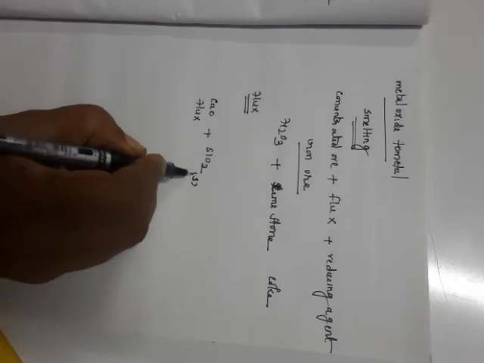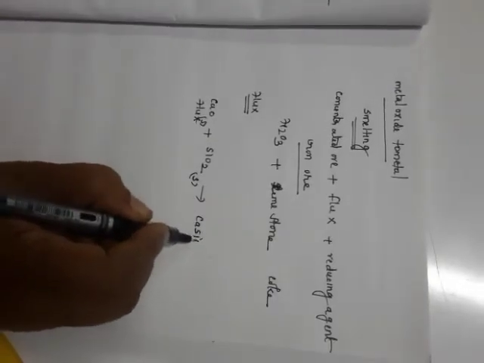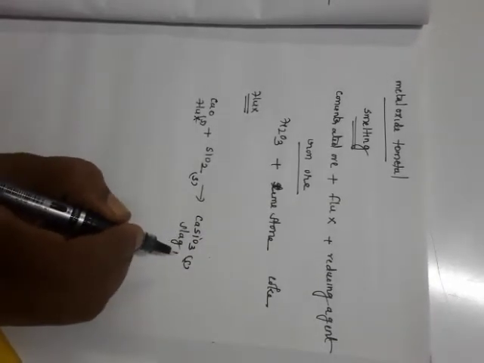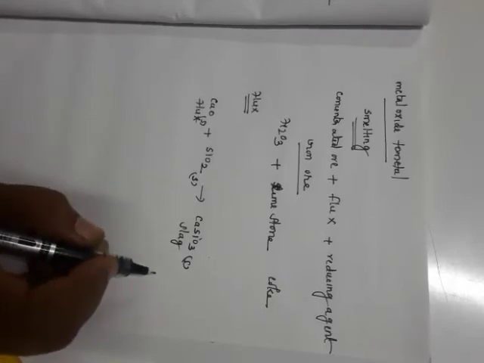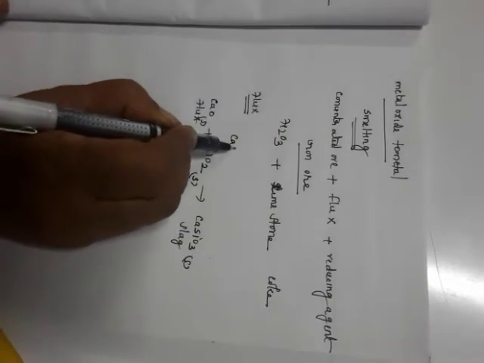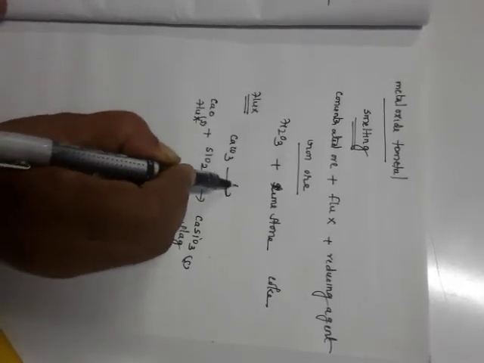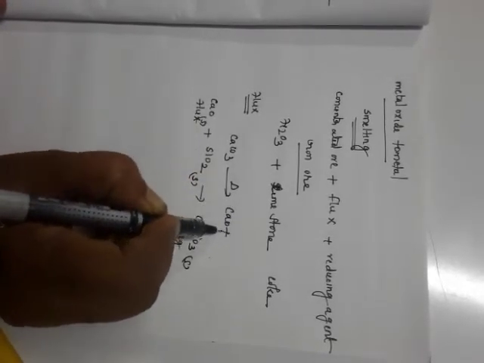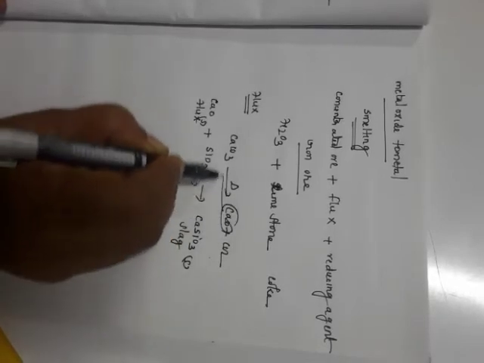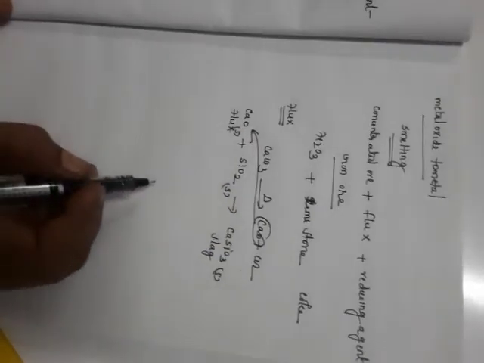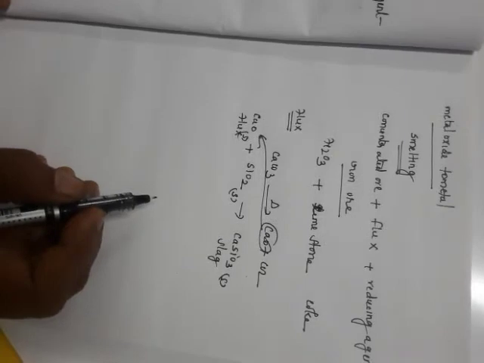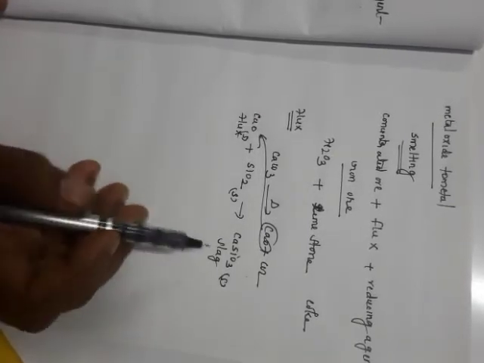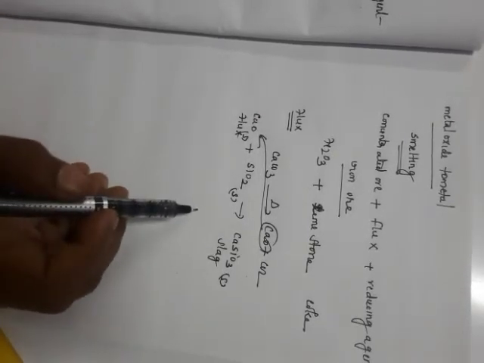Both are in solid state, forming calcium silicate slag, which is also in solid state. This CaO is got from calcium carbonate. On heating, we get calcium oxide plus carbon dioxide. This is used as a flux. This is the activity of the flux.